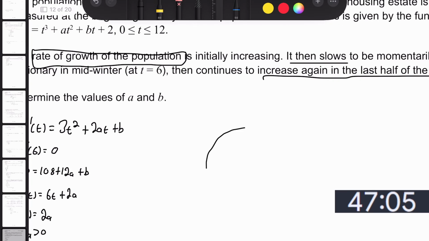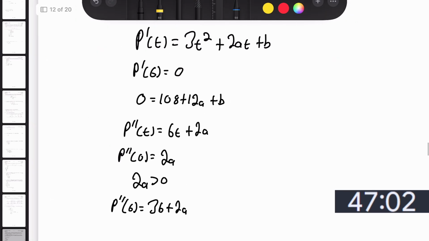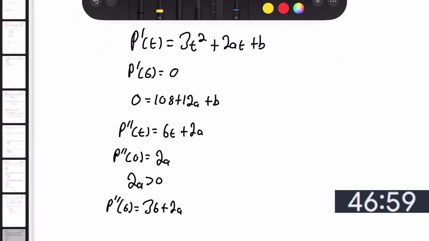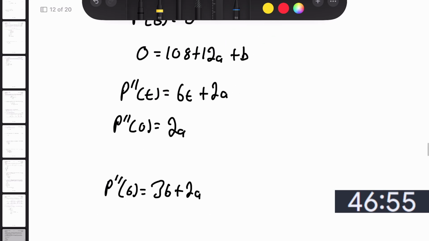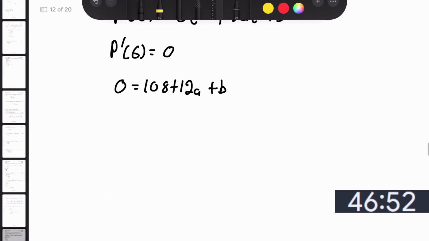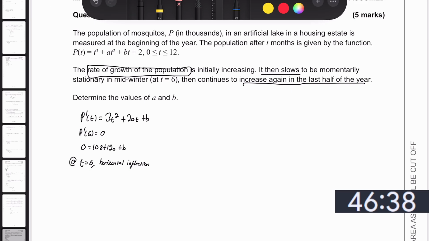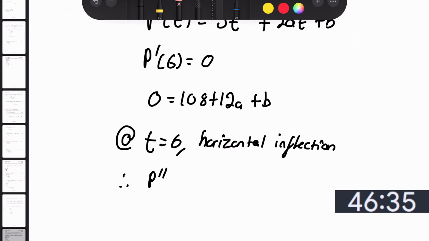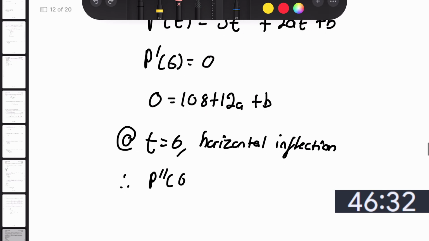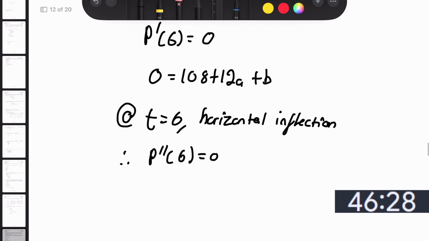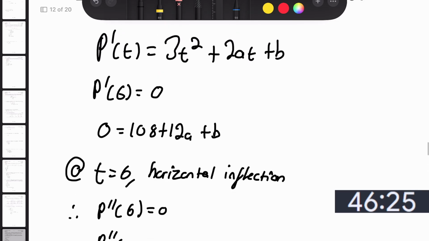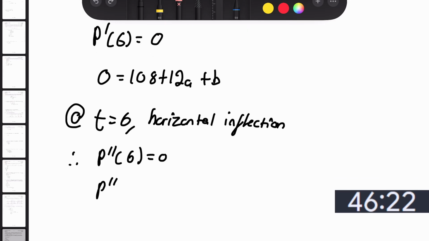So if it's increasing and then coming off and then increasing again, that's a horizontal inflection point. Oh, that's probably where I'm messing up. So then at t equals 6, horizontal inflection. Therefore, p dash dash of 6 must equal 0. Yes, I think that's probably it. And p dash dash is 6t plus 2a.